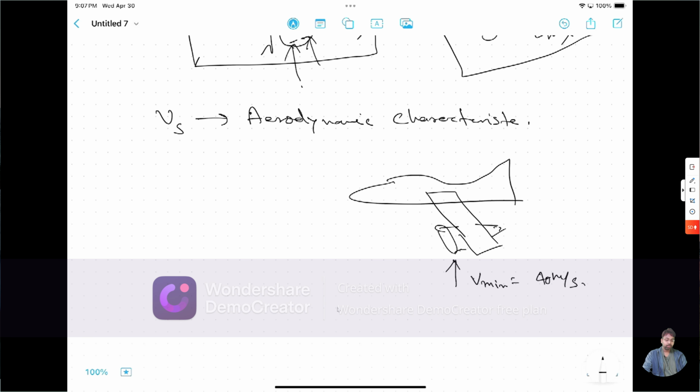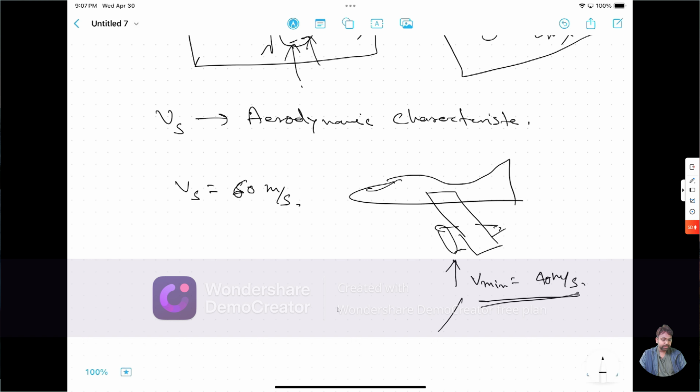Now, according to the weight for a particular flight, suppose the stalling velocity is 60 meter per second. Then you can never fly at the speed that is the minimum velocity produced by the engine.